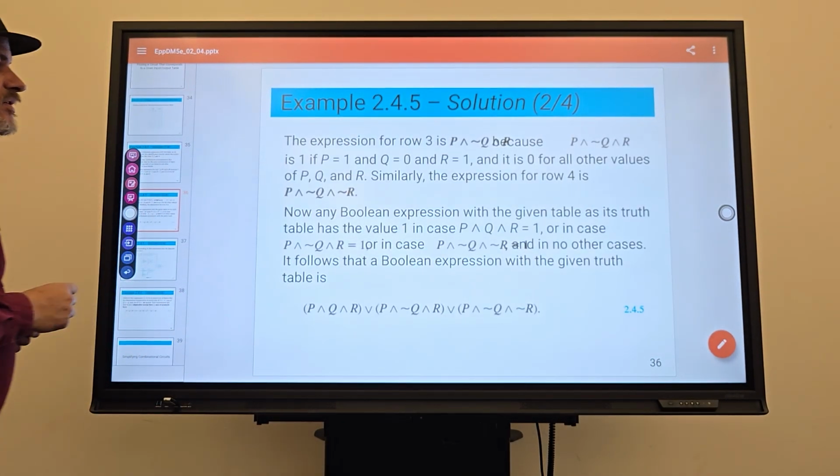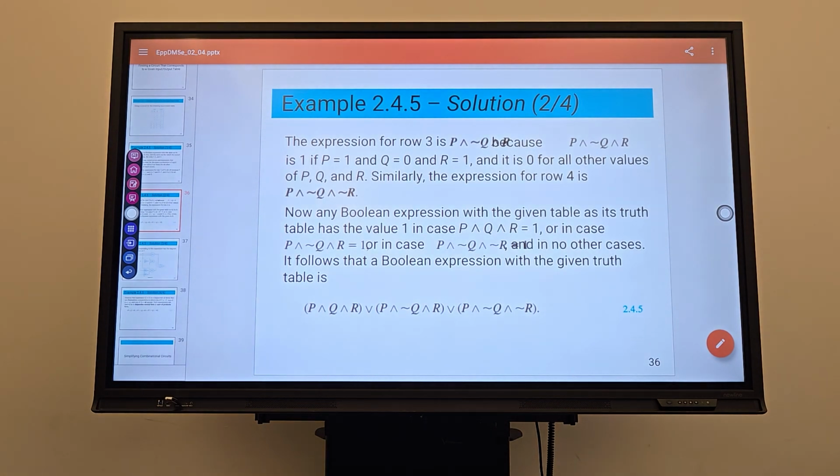In row 3, P and not Q and R, we'll do that as well. And for row 4, P and not Q and not R, we'll do that.